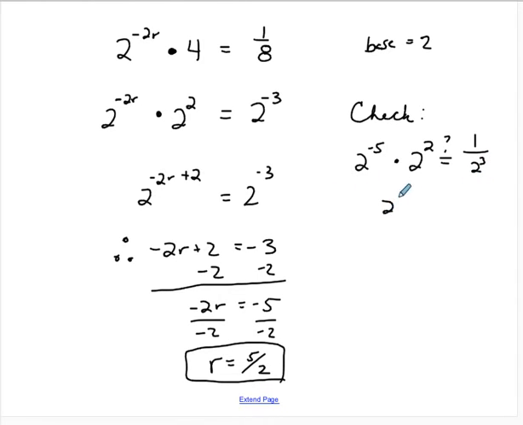So here I've got 2 to the second over 2 to the 5th, because it's the 5 in this exponent, so that's the 5 in the denominator. Is that equal to 1 over 2 to the third? And yes, clearly 2 of these will cancel in the numerator, 2 will cancel in the denominator. So 1 over 2 to the third, or 1 over 8, is equal to 1 over 8.